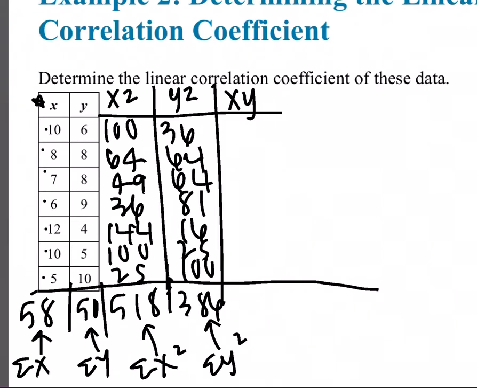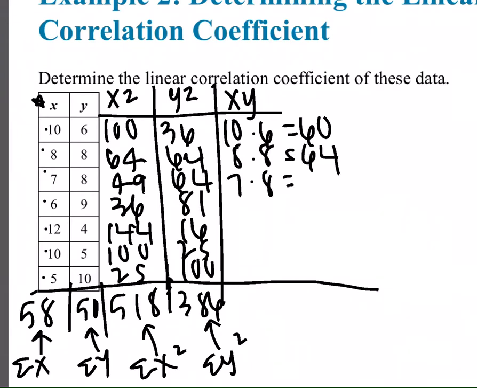The last step is I'm going to multiply my X times my Y. So 10 times 6, my originals. 8 times 8. 7 times 8, right? Each X and each Y for whatever row you're looking at. 6 times 9, 12 times 4, 10 times 5, 5 times 10.